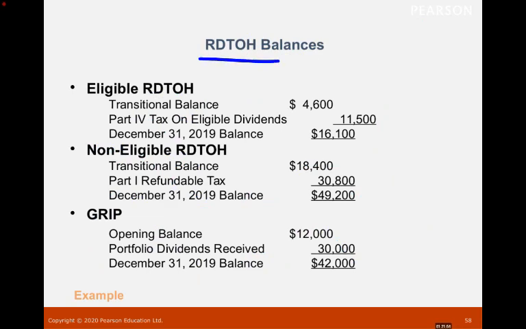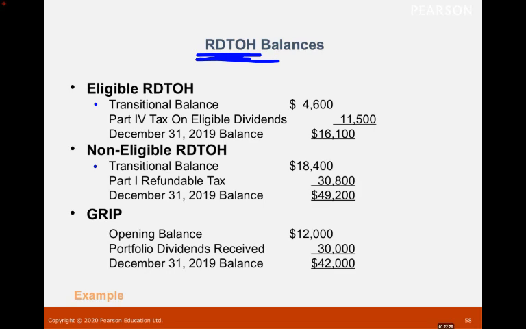So then, with all of that figured out, now we're talking about our balances in our refundable dividend tax on hand. Wherever you see this transitional balance, that's just talking about how we broke that balance into two at the start. I'm not going to make you guys calculate the transitional balances. I will just give them to you, if it's in the question.